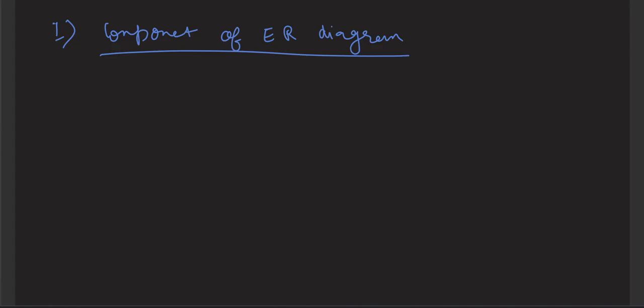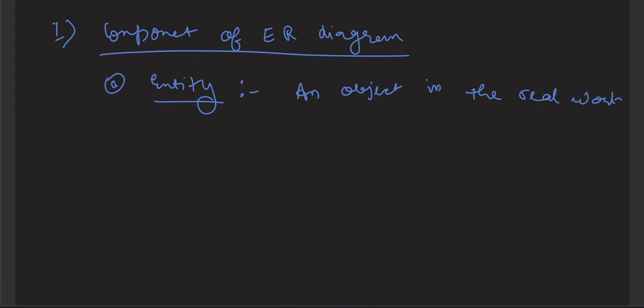So the first component is entity. An entity is an object in the real world that has an independent existence.